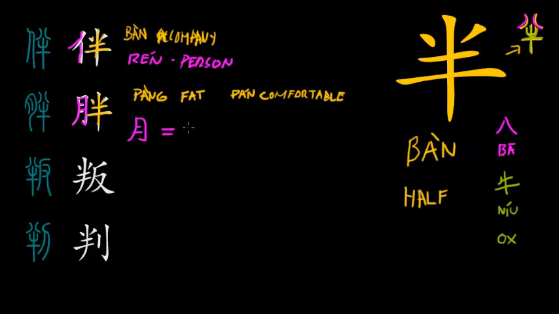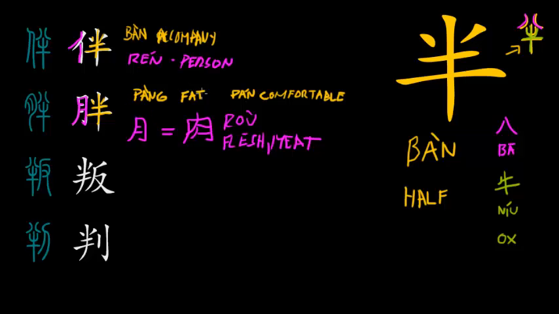So let me just do this. Which is ro, and it means flesh, meat. Sorry for the handwriting. And so this is the semantic element pointing to the meaning pang, right?